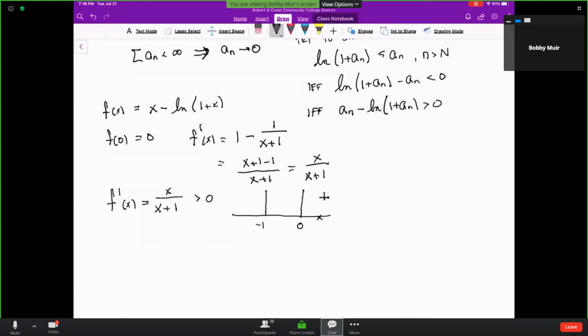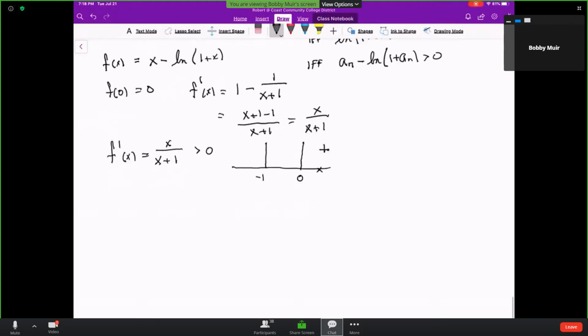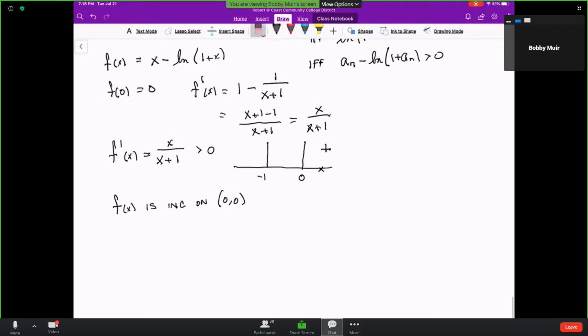Because remember, the n's are integers, or positive integers. So f of x is increasing on the interval 0 to infinity.